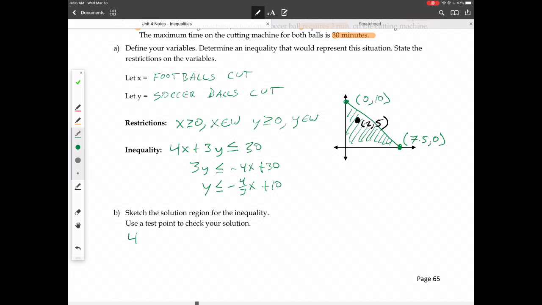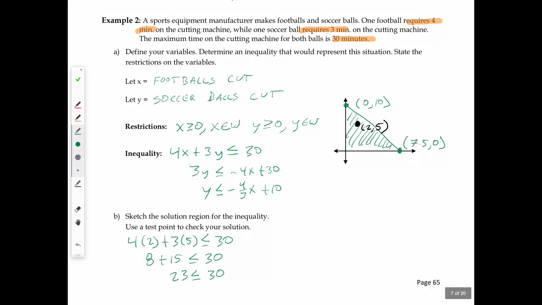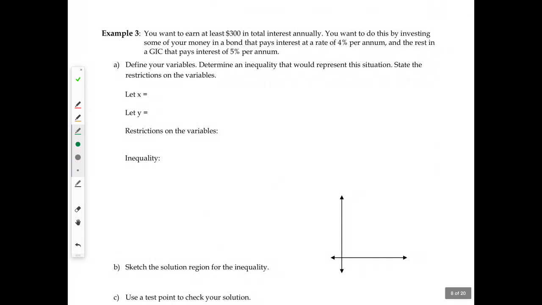So I have 4 times 2 plus 3 times 5 has to be less than or equal to 30. 8 plus 15 has to be less than or equal to 30, and 23 is less than or equal to 30, which is true. So I know that this is going to work.